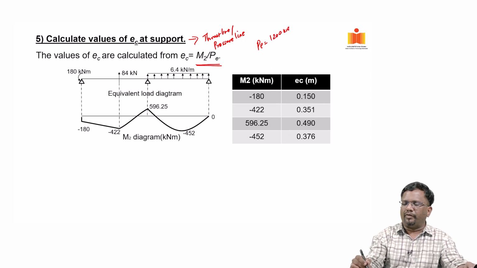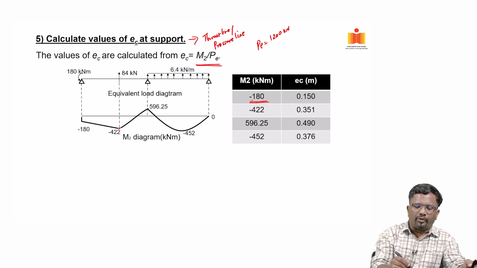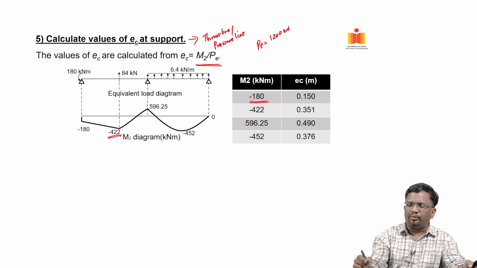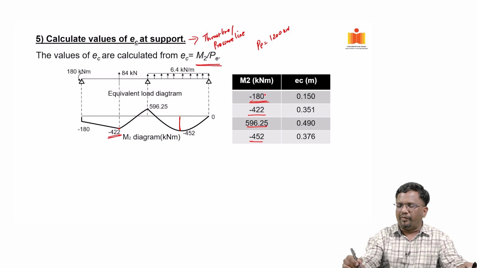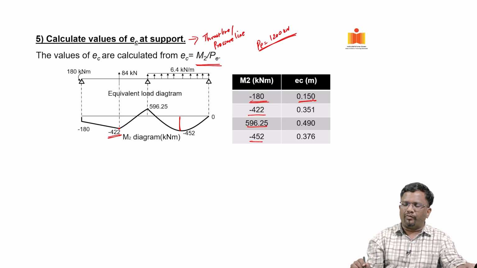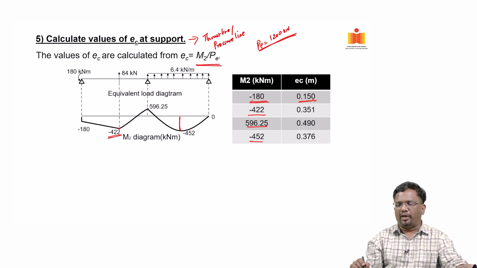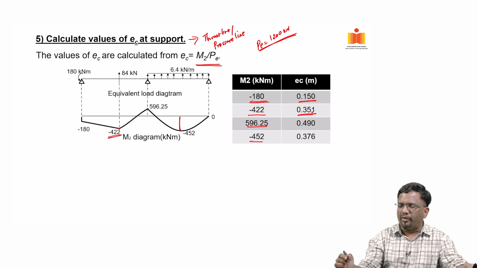So, everything when you divide by 1200, you see here this is minus 180, and at midspan location, using free body diagram, I can calculate this moment to be minus 422, and this is plus 596.25, this is minus 452 at this location, at E. When you divide everything by 1200 kilonewton, you get a moment of plus 0.15, and then you have plus 0.351 and you get plus 0.49.